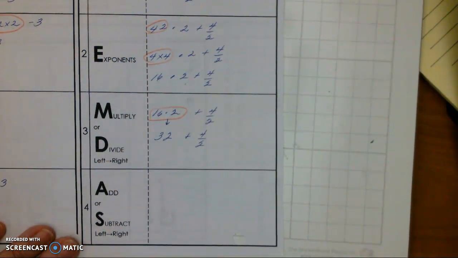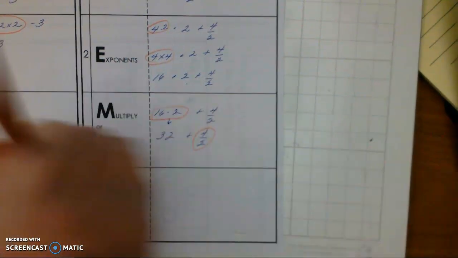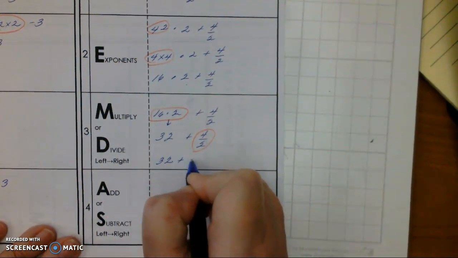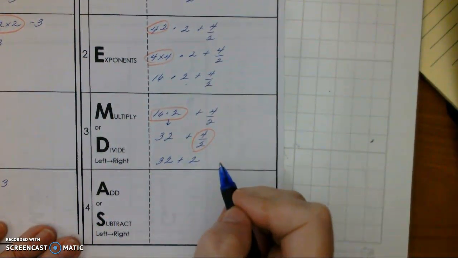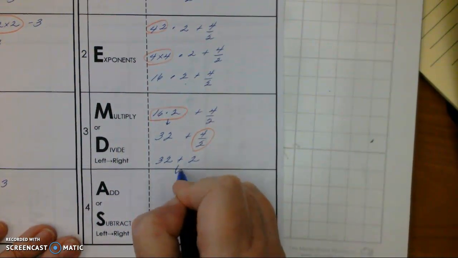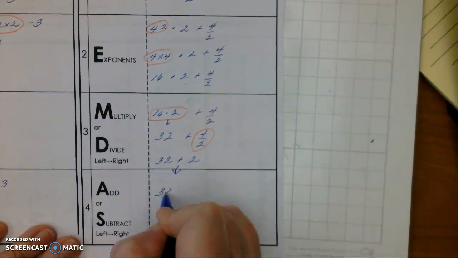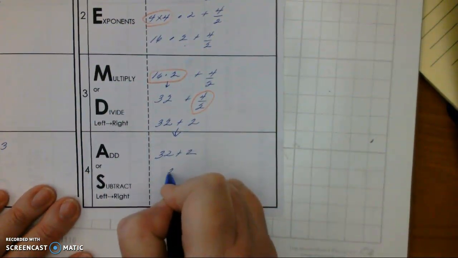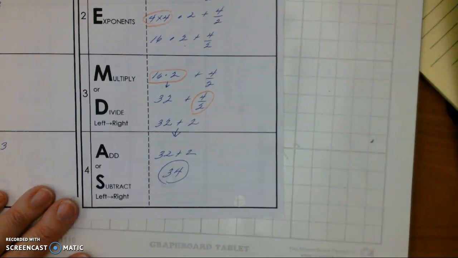So now we're going to do division. So 32 plus 2, correct? So then we're going to bring that down here, and 32 plus 2 is 34. So there's your solution.